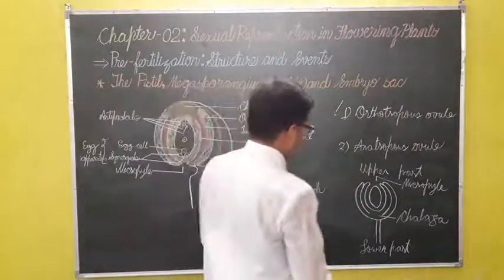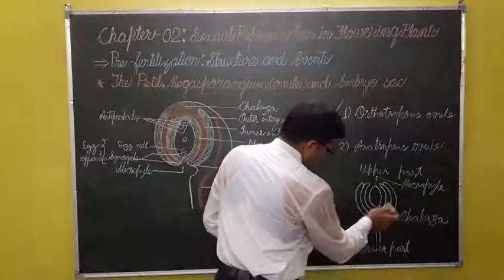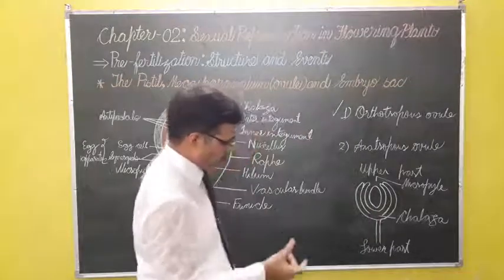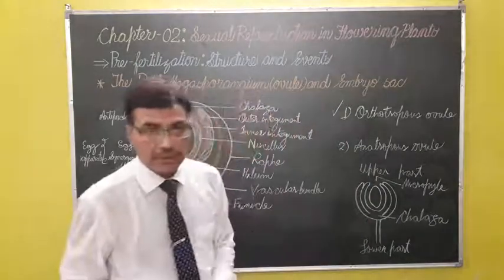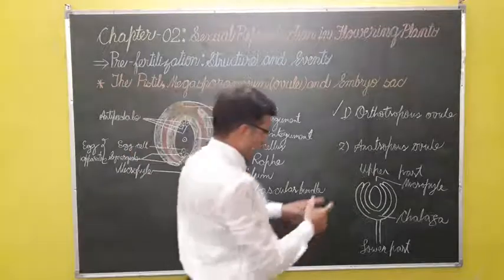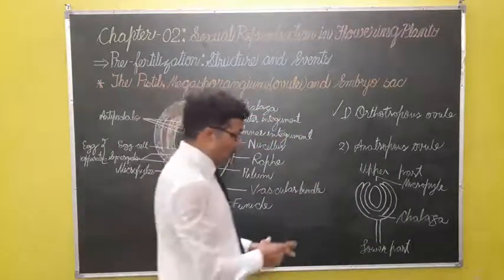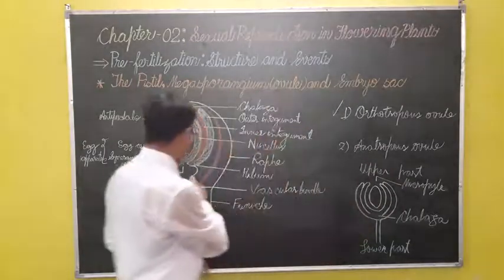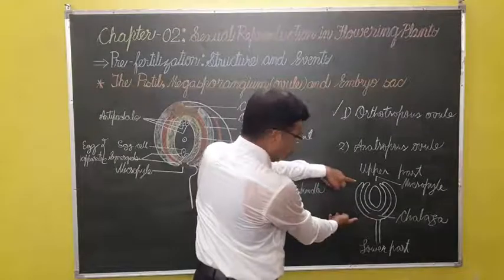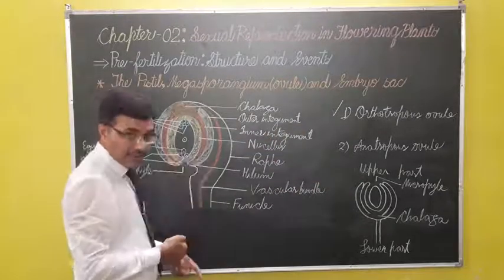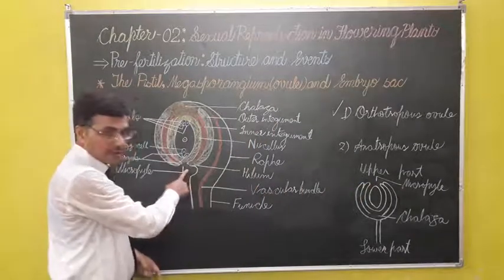And if the body of the ovule turns 180 degrees, how much? 180 degrees. At that time the micropyle will shift downward like this. I have drawn a typical ovule. Here the body of the ovule has turned 180 degrees, and now the micropyle is shifted downward, right?